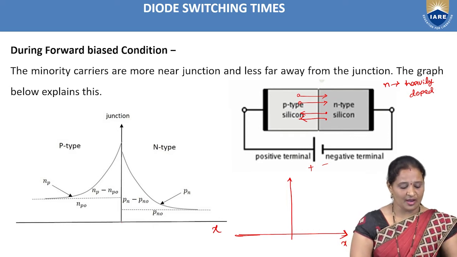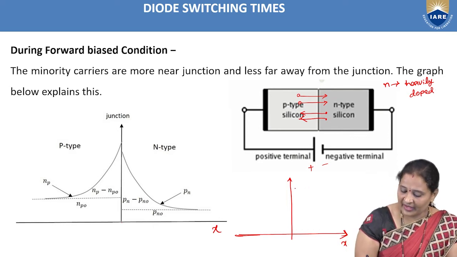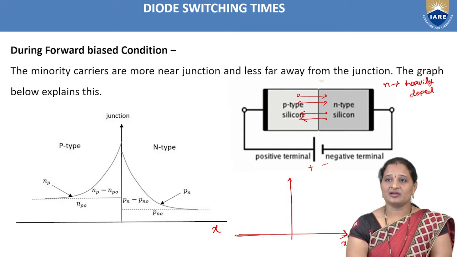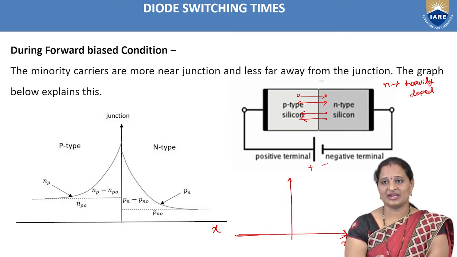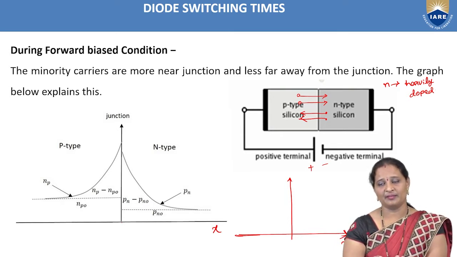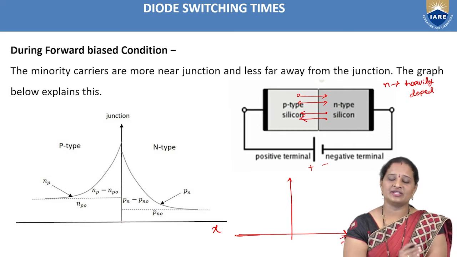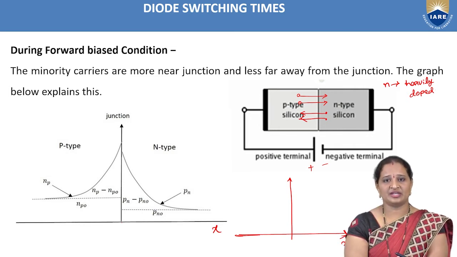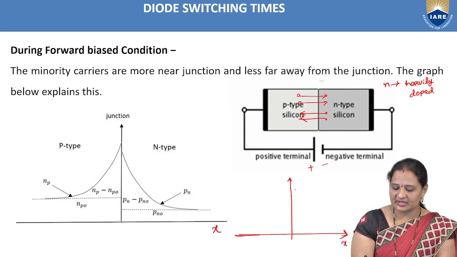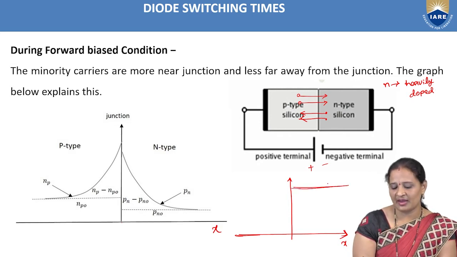As I told you, the extrinsic semiconducting material will have majority charge carriers as well as minority charge carriers. So now let us represent the majority charge carriers in the n-type semiconducting bar.